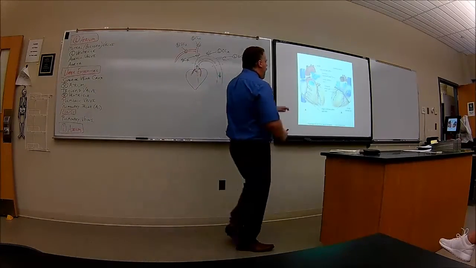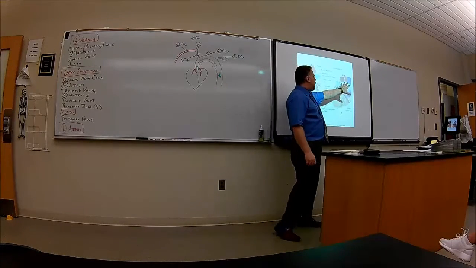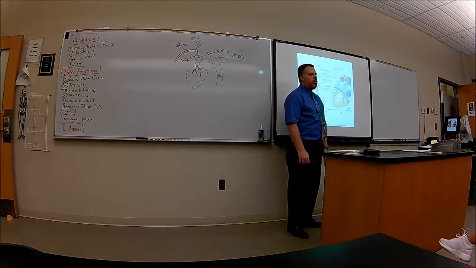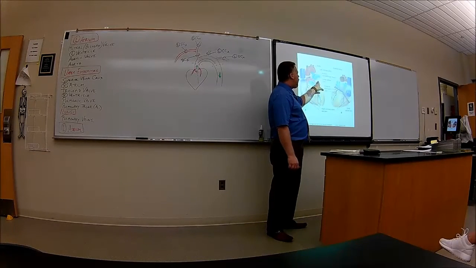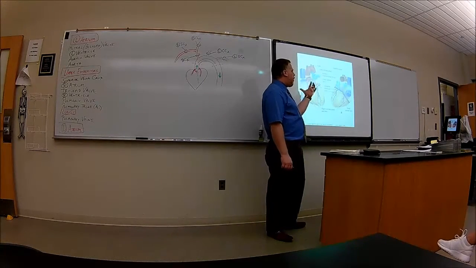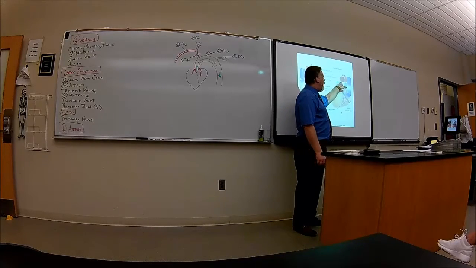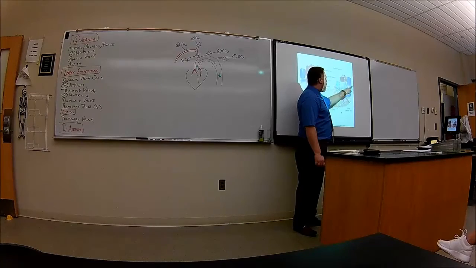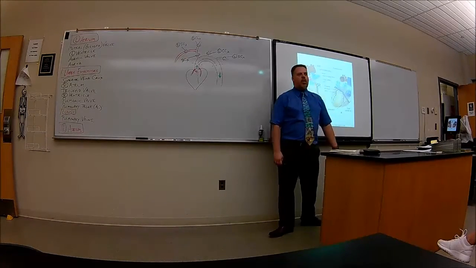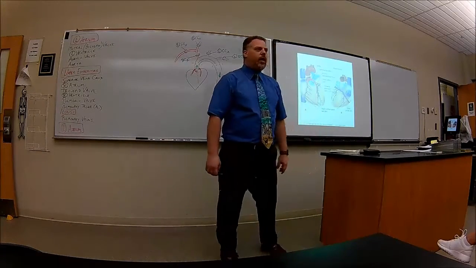So again, here's the anterior view, but here's the first time you're looking at the posterior view of the heart. Here's the right atrium, here's the left atrium. Now we turn it around: this is the left atrium, that'll be the right atrium. Here's the superior vena cava and inferior vena cava going into the right atrium.